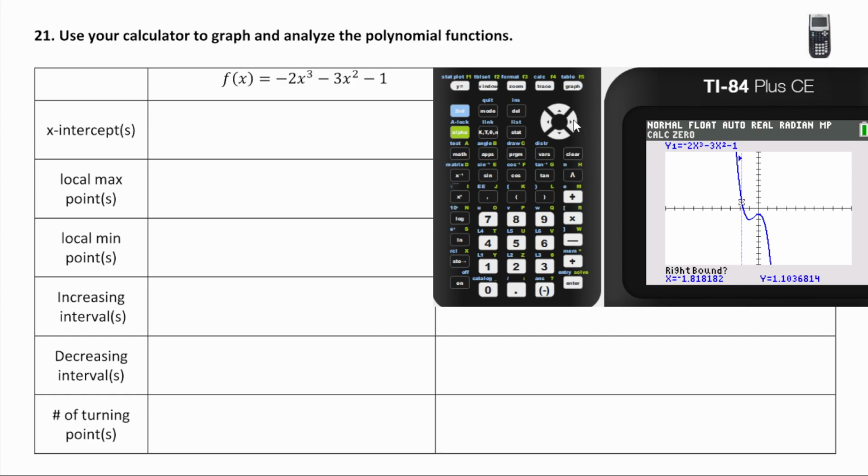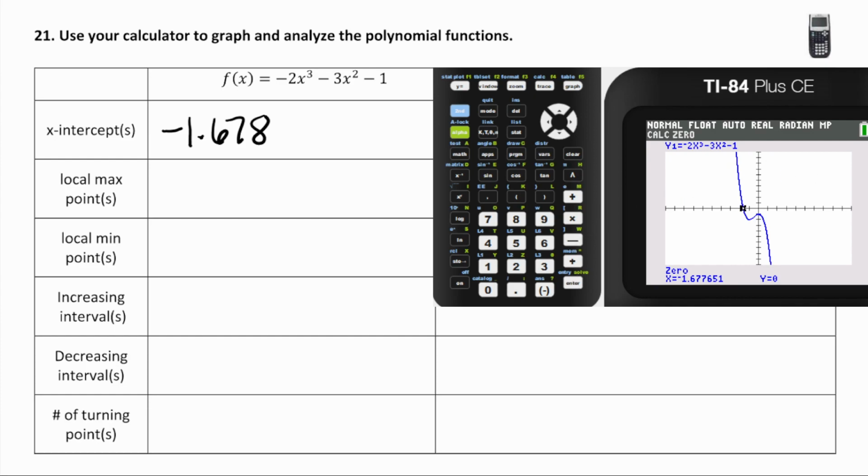Buttons I pressed didn't quite take. Yeah, there we go. Alright, so the x-intercept I've got is negative 1.678. Okay, you could say negative 1.677. You can just report the first 3 decimals you see if you like, or you can round to the 3rd decimal place. You just have to be accurate to 3 decimal places.